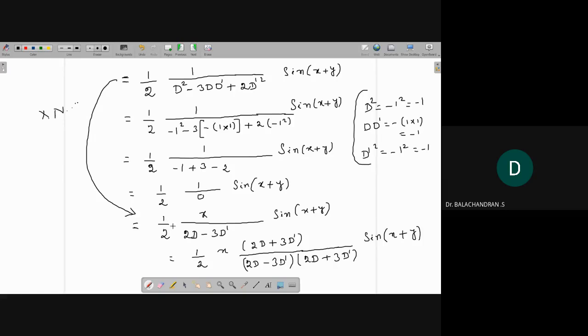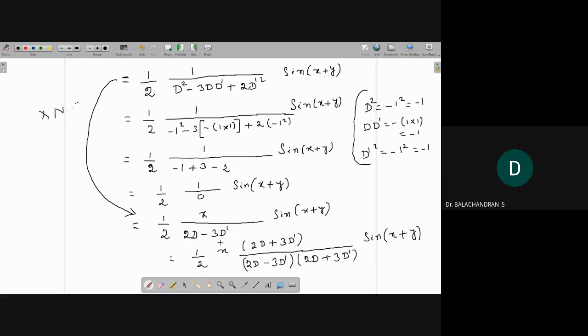So this is equal to 1 by 2 into... but here the problem is, you faced similar types of problems in differential equations also. Okay, so you can't replace here, since I don't have the term d square and d dash square, then you should multiply by its conjugate.